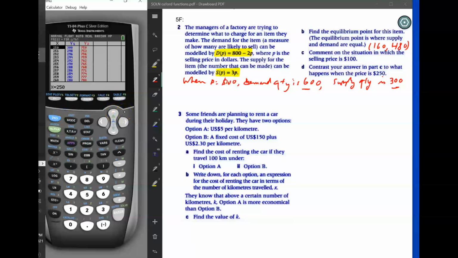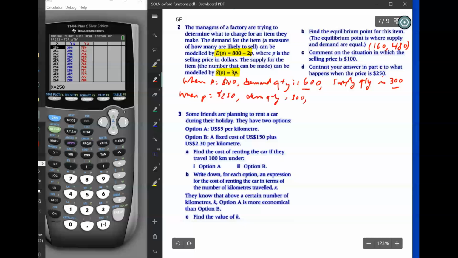At 250, when the price equals $250, the demand quantity is 300 and the supply quantity is 750. So basically things are being left on the shelf, right? Because there are 750 units available and only 300 people want them. So there's 450 left on the shelf. Something like that.